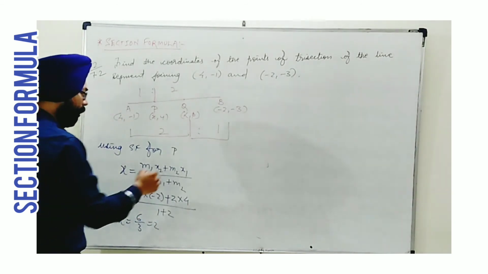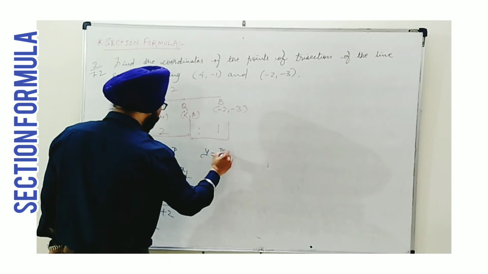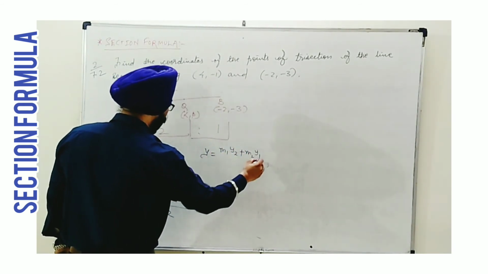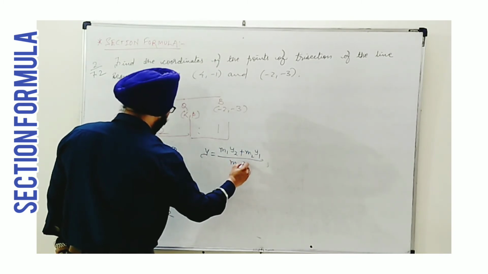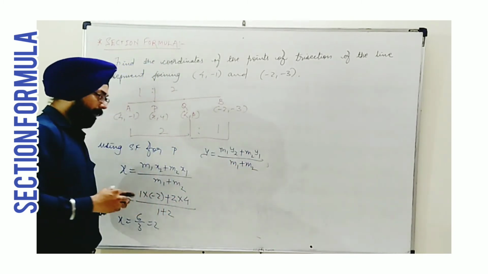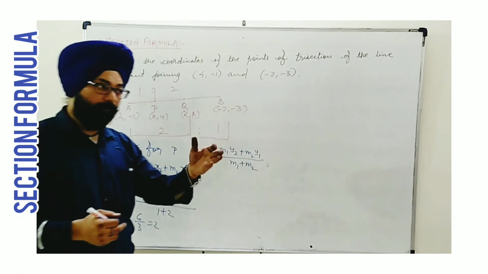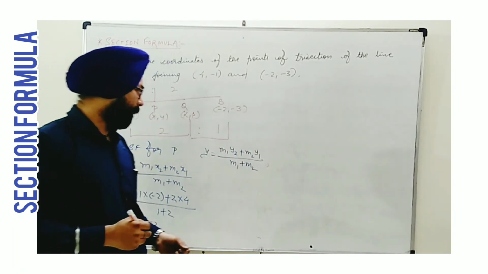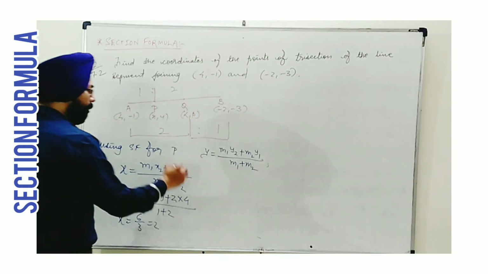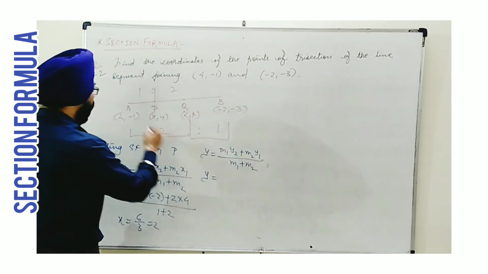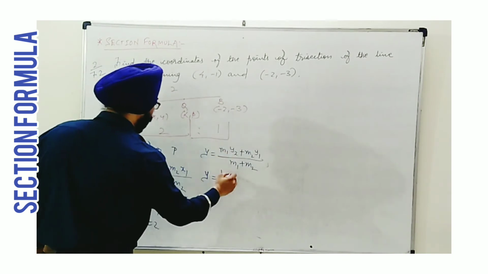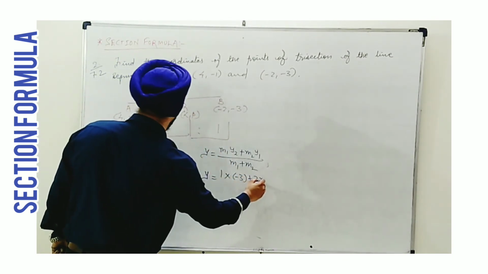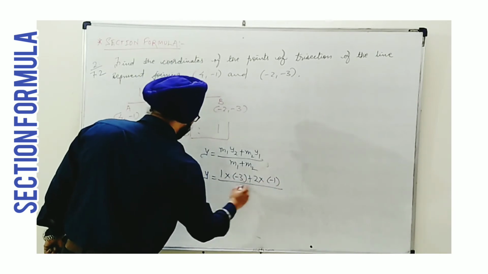Now similarly we can obtain y as m1 y2 plus m2 y1 upon m1 plus m2. As it is cleared in the concept, if you want to use that concept directly, it doesn't matter. Here we can use y: m1, 1 into y2 which is -3, plus m2, which is 2, into y1 which is -1, upon 1 plus 2.